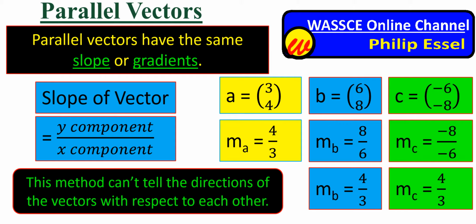In our next slide, we'll be looking at another method that can help us determine whether two or more vectors are parallel. Now, this method would also be able to tell us whether those vectors are moving in opposite directions or in the same direction. So let's jump into it now.